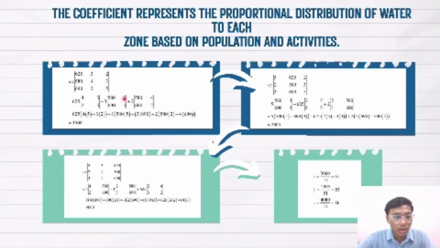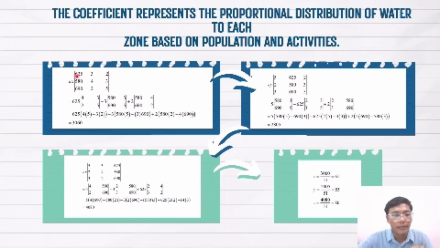Okay, and then we do the same thing as we do the first one. We need to cover the first row, but for this time we need to cover the second column. So what number we get is 580, 3, 690, and number 5. Okay, after we minus, we need to plus 2.